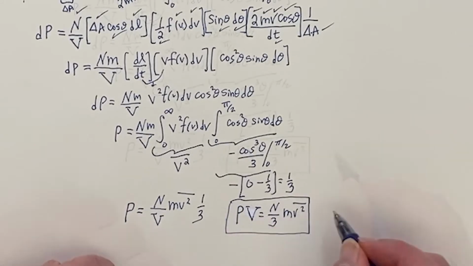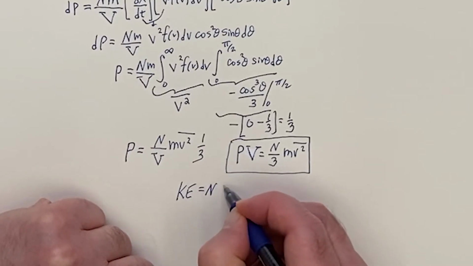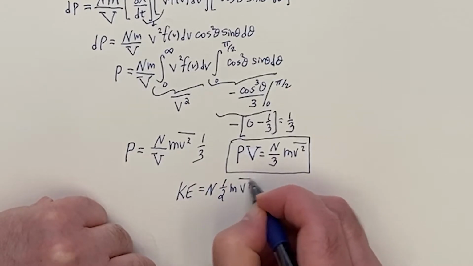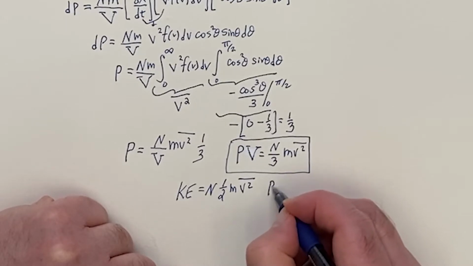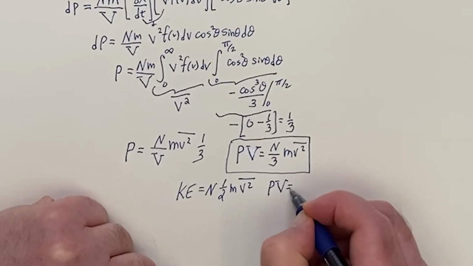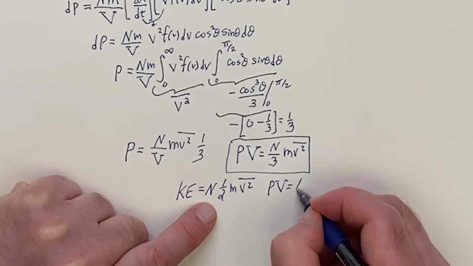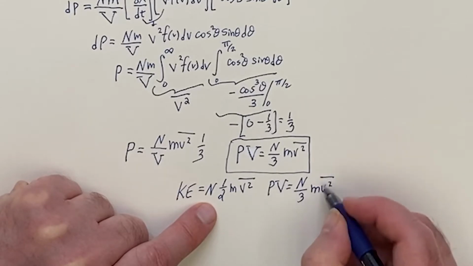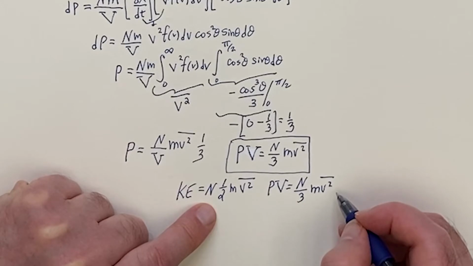Like we're getting there. Now, the kinetic energy, remember, is 1/2 mv squared, and the total kinetic energy would be 1/2 mv squared average for all the particles. So that means that PV is equal to, by using this idea, let's go ahead and just write down N over 3 mv squared bar. It's related to the motion, kinetic energy, and we're going to make a definition here.